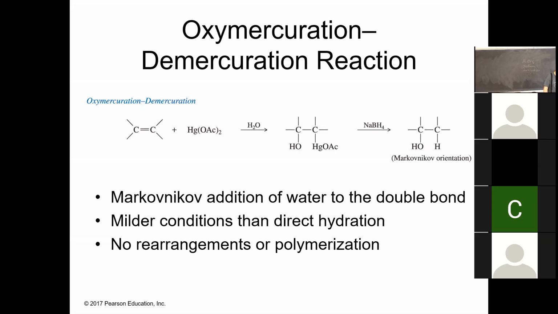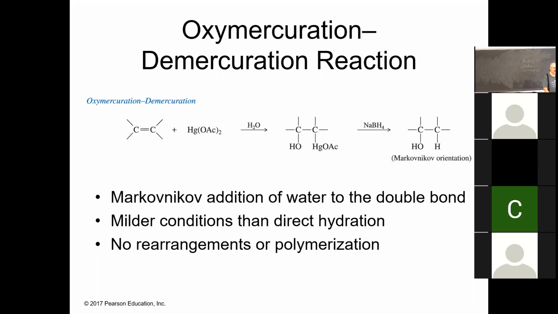This does follow Markovnikov's rule. So hydrogen goes to the side that is richer in hydrogen already, and OH goes to the other side. This can take place under milder conditions than direct hydration, which is what we saw in the previous few slides.